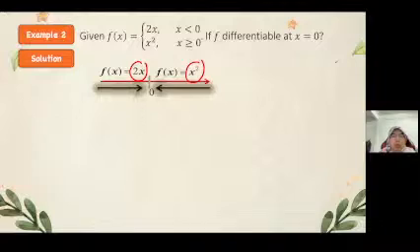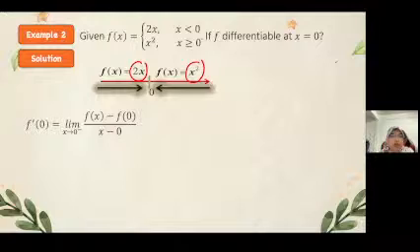Okay, so f prime of 0 is equal to the limit for x approaches 0, so this is for the left hand side, of f(x) minus f(0) over x minus 0. Okay, so what happened now? For f(x), make sure you choose 2x. So this is the limit as x approaches 0 from the left hand side, 2x minus 0.